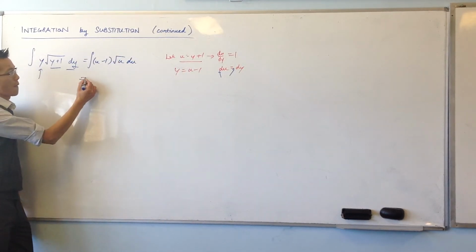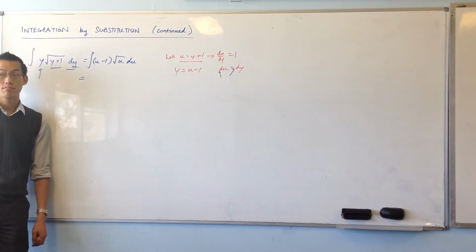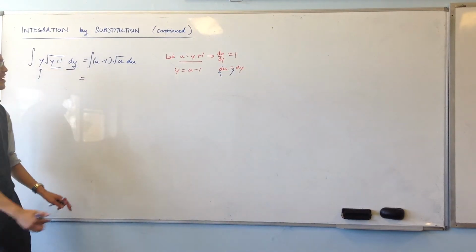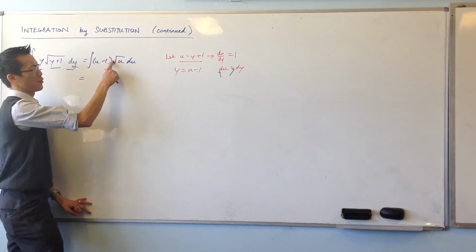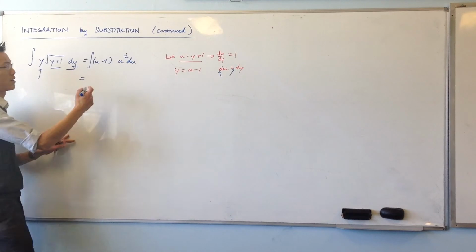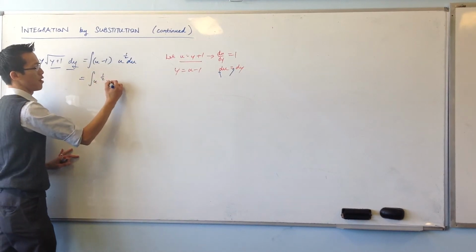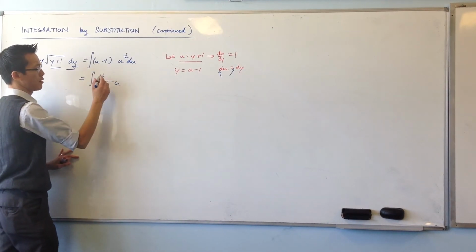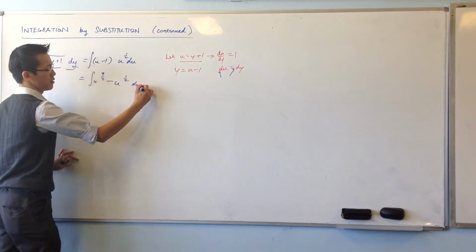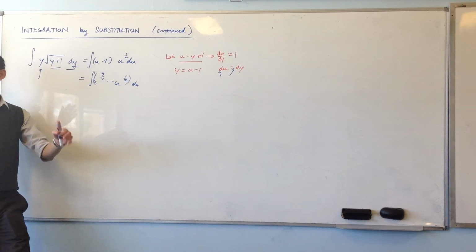Okay? So now what should I do? I should expand. It might be easier to see the expansion if you recognize that that's just u to the power of a half. Then you've got all your powers lining up. So this is u to the 3 on 2 minus u to the half, du. Then it's pretty standard from there.